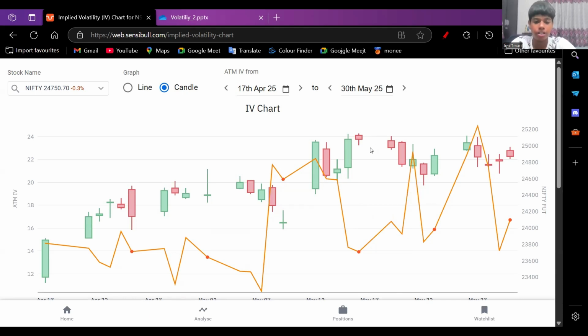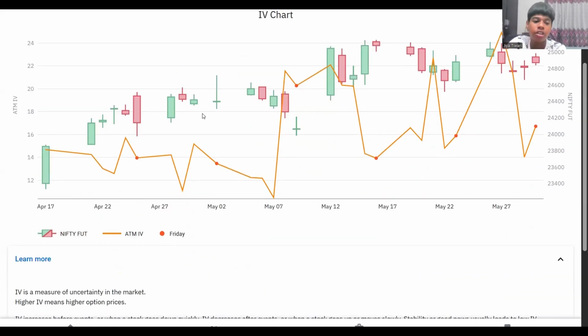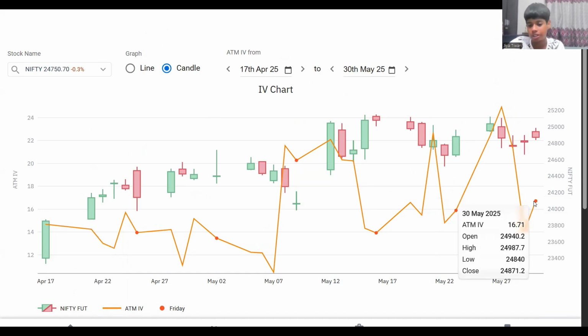Sensible gives us implied volatility charts, also historical. This is the implied volatility from 17th April to yesterday, or the day before yesterday, the last working day, I think.